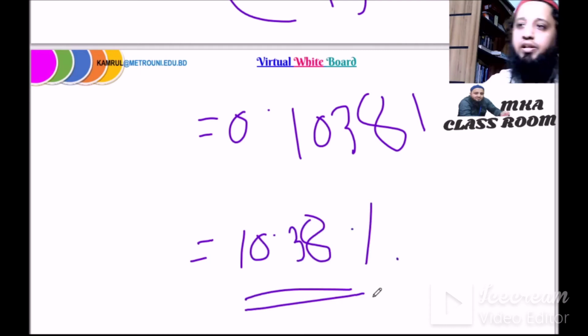10.38%. If we compound frequently in a year, then the actual rate is greater than the annual rate.